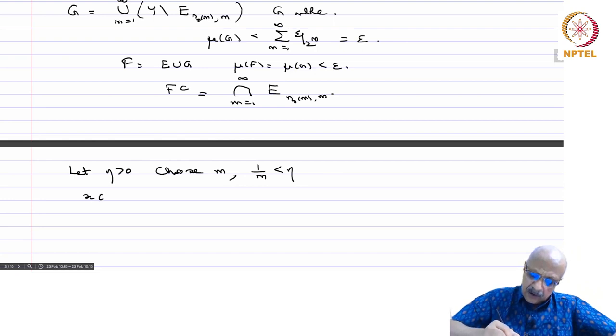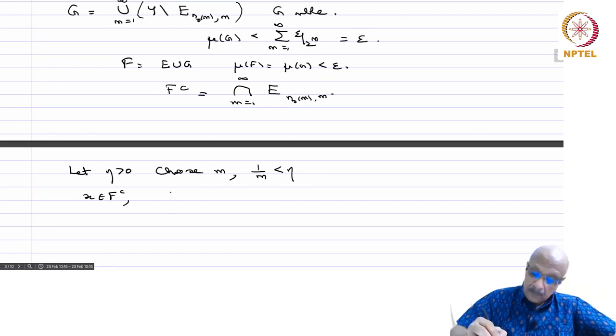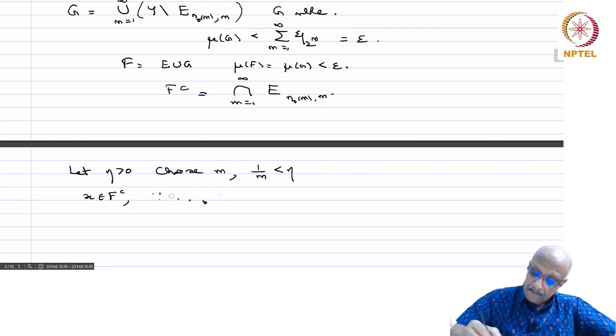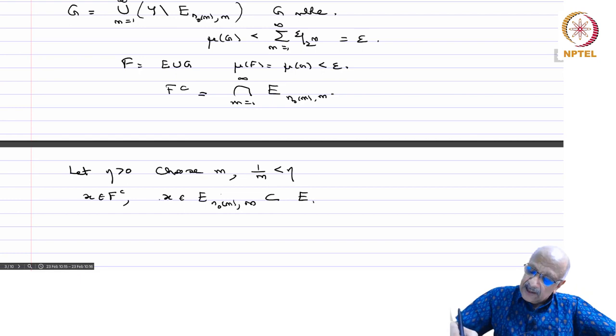So now if x belongs to F complement, then x belongs to E_{n_0,m}, which is contained in E_{n,m} for all n greater or equal to n_0 of m.